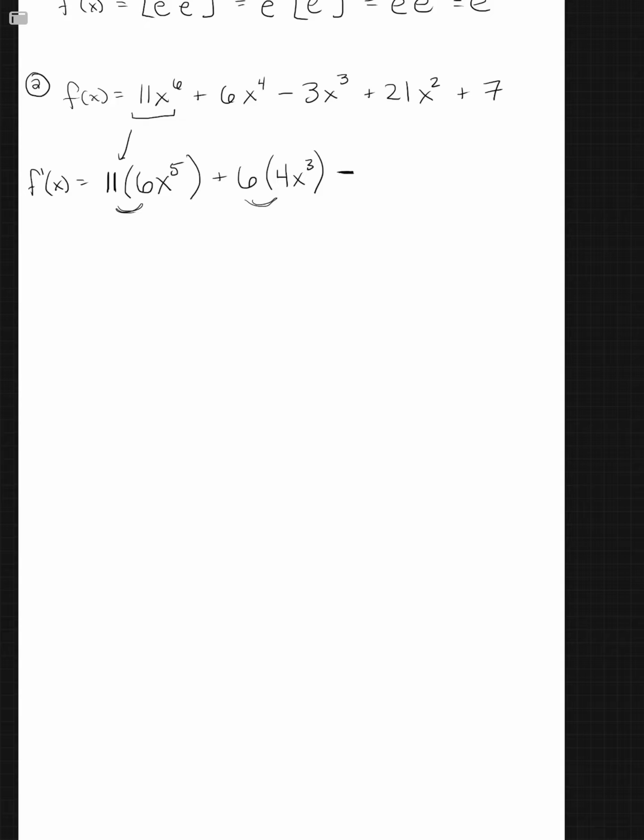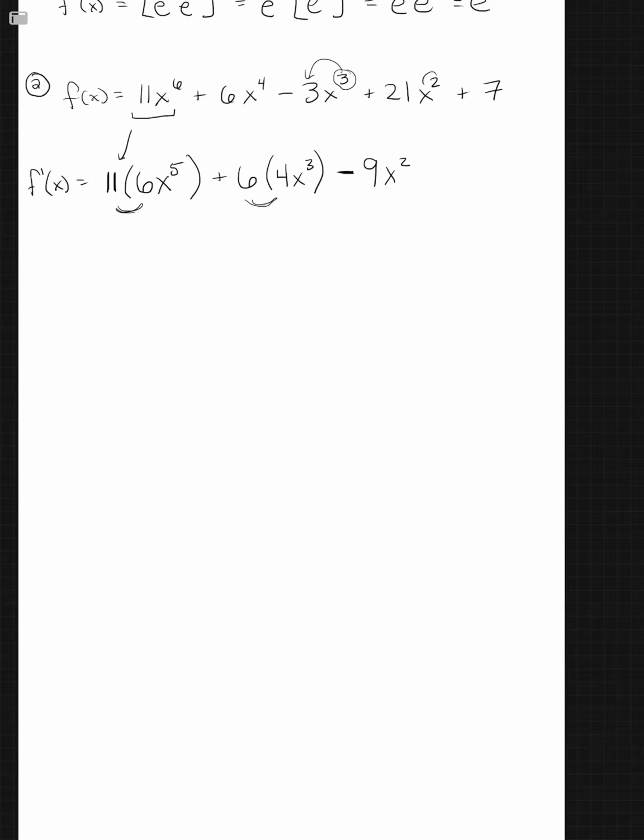So I could just go ahead, instead of making myself take an extra step there, multiply this power by the constant out front. So I go ahead and get a negative 9x squared. I can multiply this power by the coefficient out front and get a 42x. And then this last one isn't actually a power function.